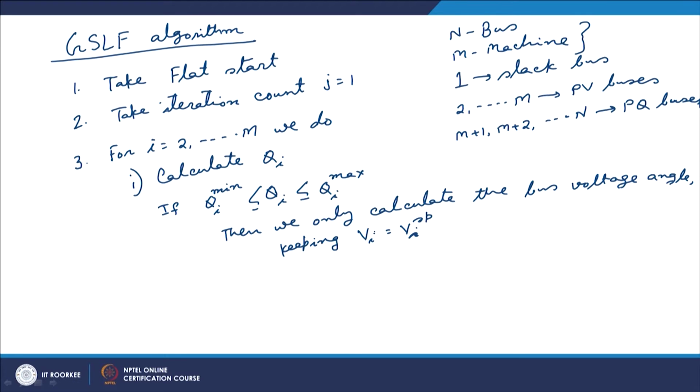Vi stands for the magnitude of the bus voltage I, and Vi specified is the magnitude of the specified bus voltage of bus I, when bus I is a generator bus.